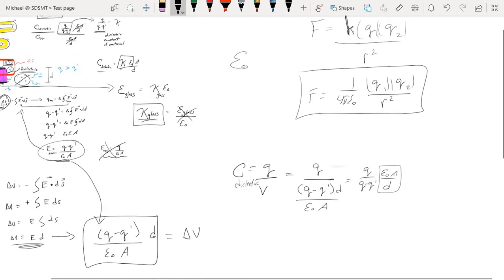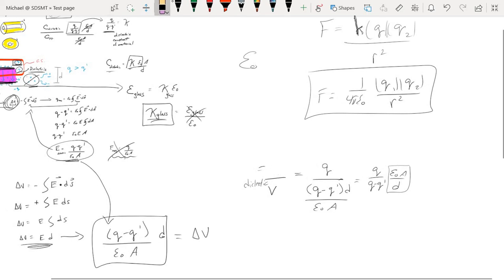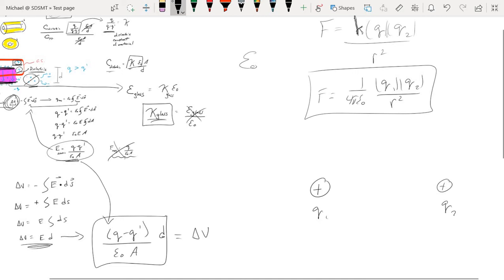So you've got two charges that are sitting out in space, and as long as there's nothing in between them, then this is how the force will behave between those two charged particles. So let's put charge 1 and charge 2 out there in space, and there's nothing in between them. It's just air or vacuum.